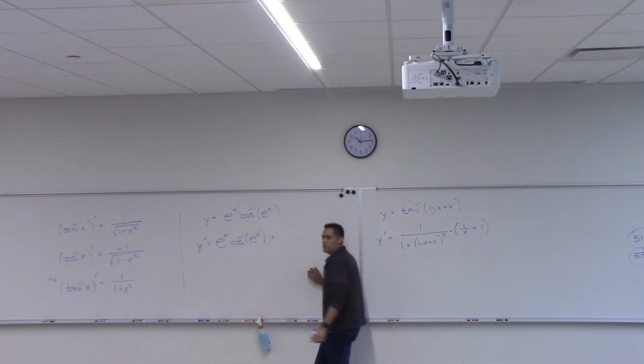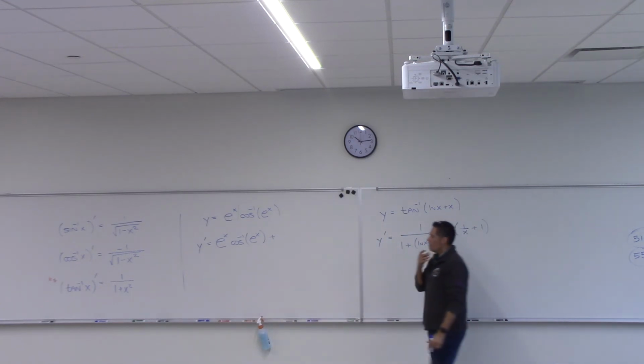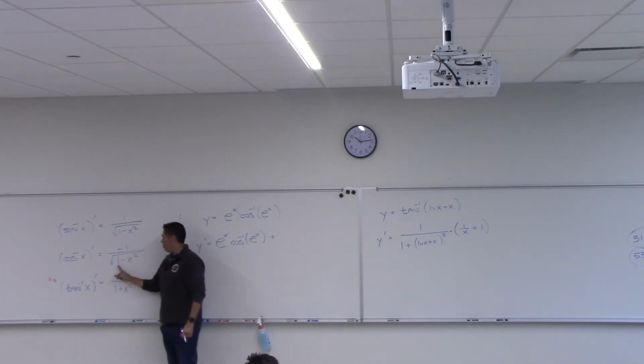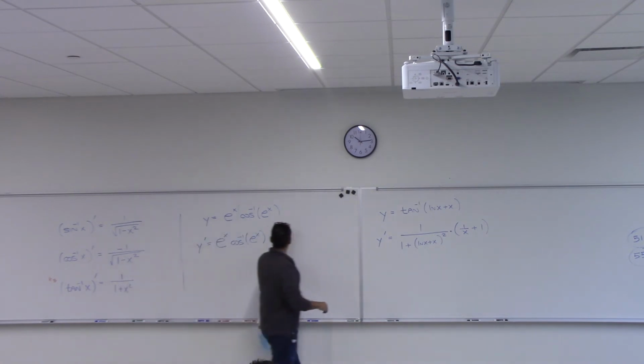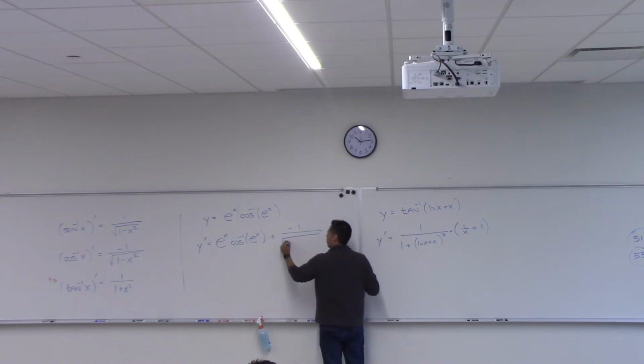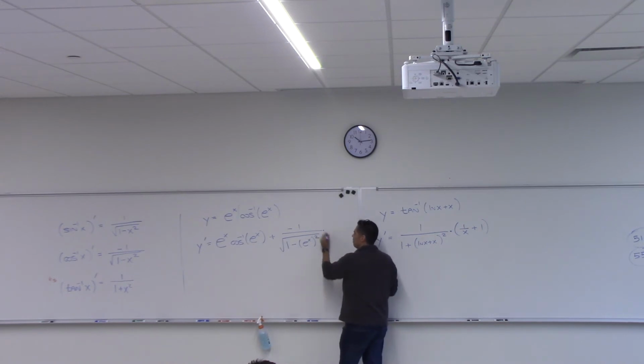Plus, now the derivative of cosine inverse of e to the x: negative 1 over square root of 1 minus e to the x squared. Am I done there? Times what?